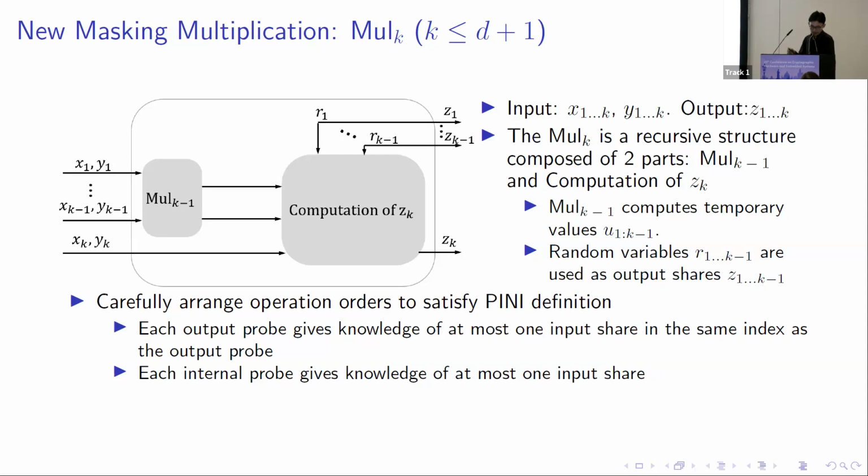Then ZK is calculated using Z1 to ZK minus 1 and some temporary values calculated before. During the whole process, we carefully arrange the order of operations to satisfy the PINI definition. Each output probe gives knowledge of at most one input share with the same index as the output probe. And each internal probe gives knowledge of at most one input share.